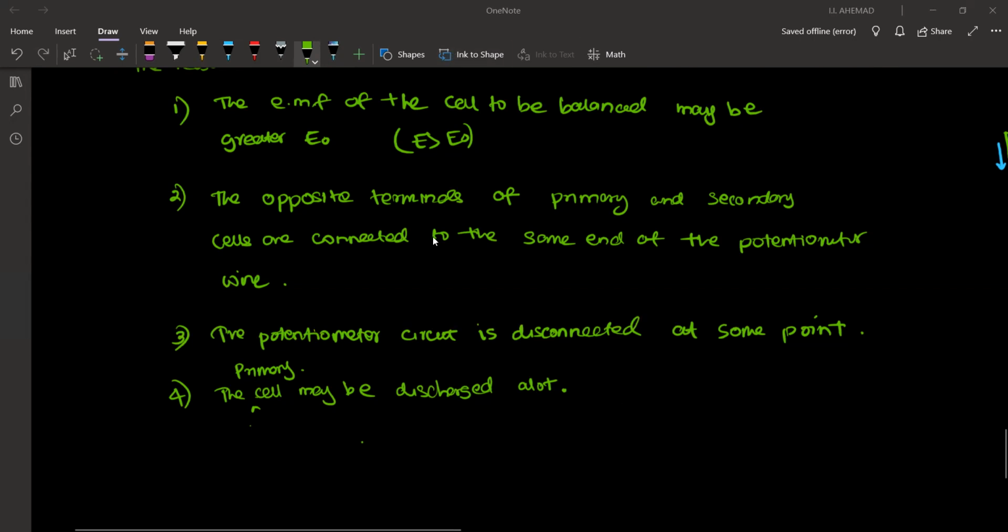So we check for these reasons if there is any problem or not. If there is any problem, we rectify it and we can continue with the experiment. We can go for that check once again. Check whether the galvanometer is deflecting for both sides. If it is deflecting properly, then we can continue with the experiment.